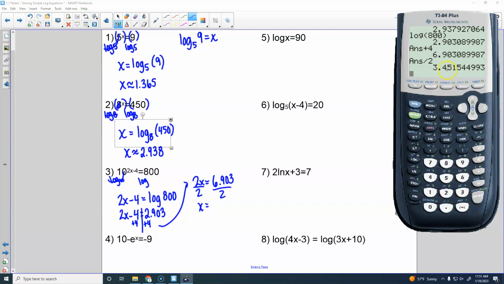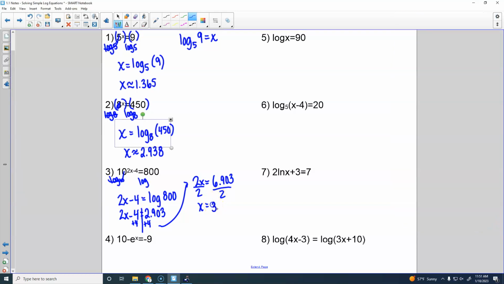And I get 3.452 for that problem. So that problem, I had a little bit of work to do after I finished.